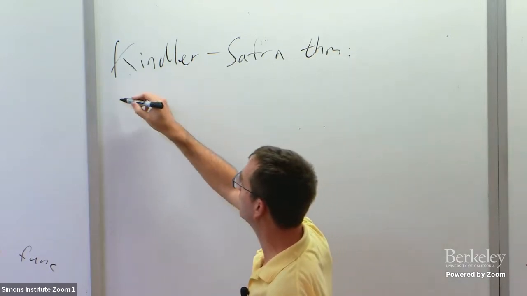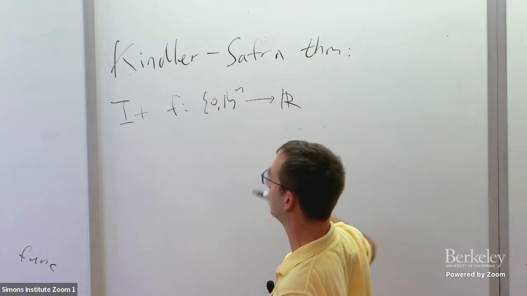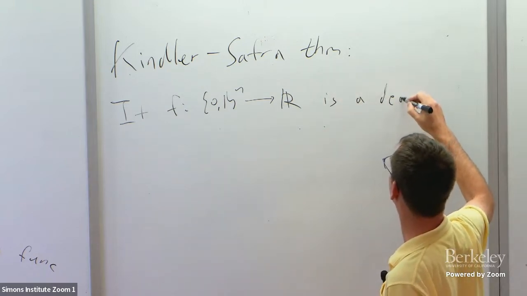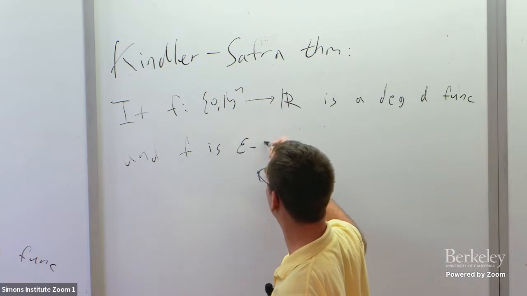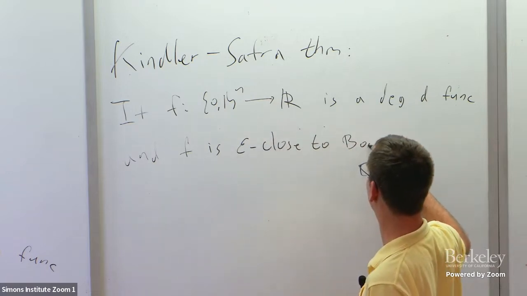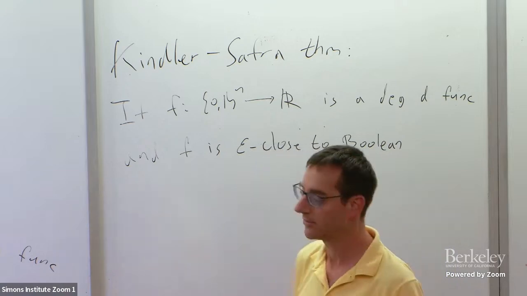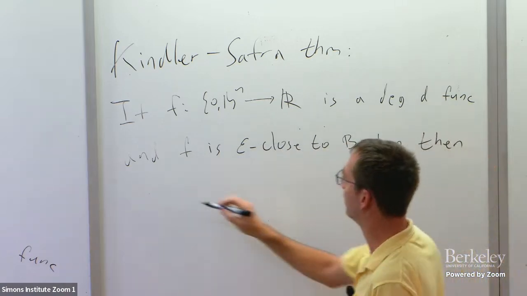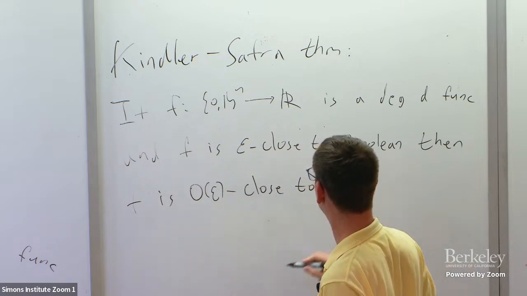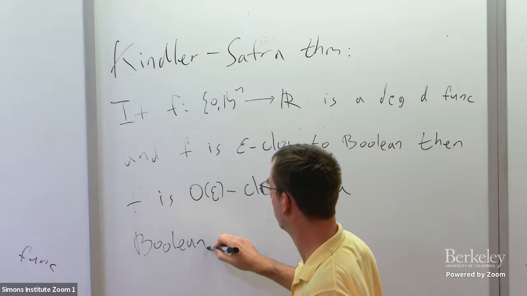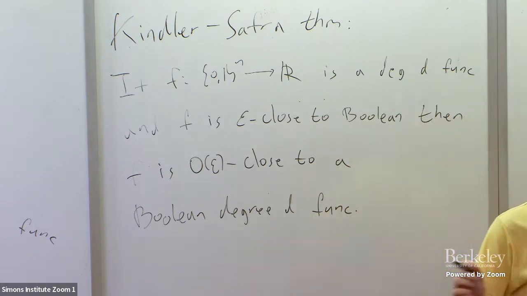So just the same thing for degree D. So if f, a function from {0,1}^n to the real numbers, is a degree D function, and f is epsilon close to Boolean, where epsilon close to Boolean just means what I wrote here, then f is order epsilon close to a Boolean degree D function. Okay, so we don't really have a nice list of these functions for D larger than 2.